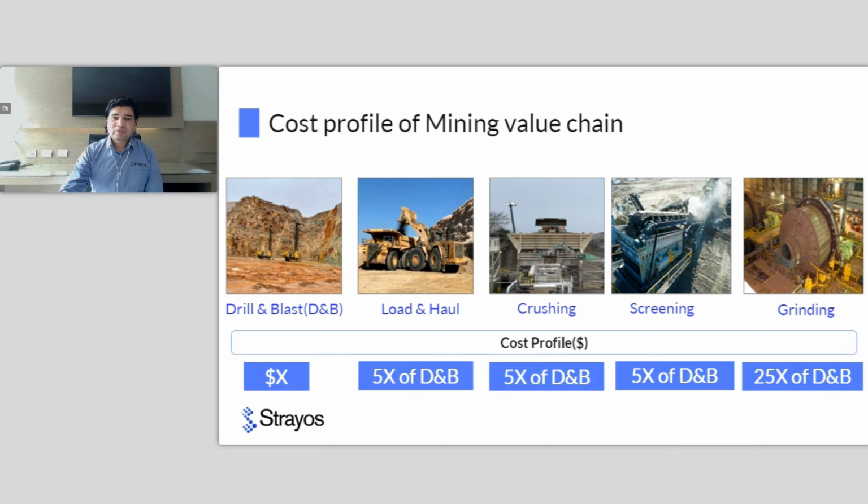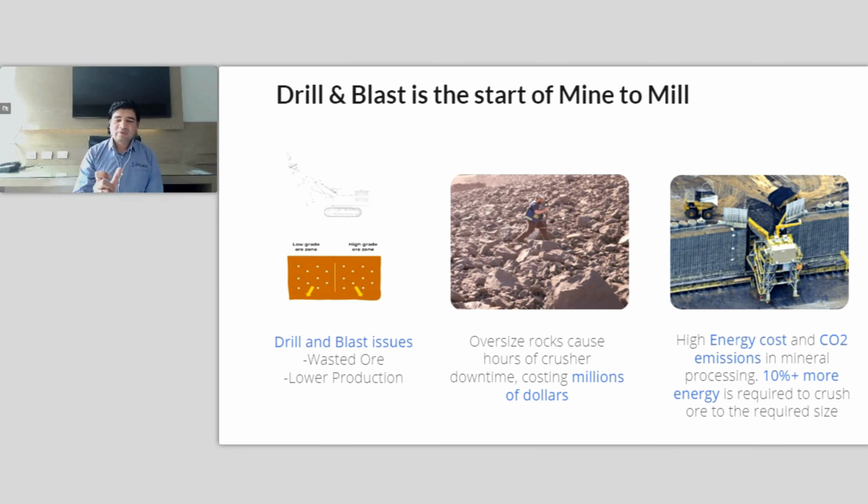And when we think about the cost profile, everything starts with the drill and blast here, which is the start of mine to mill. Drill and blast issues stem from drilling, design patterns, geology considerations, you name it. There are so many uncontrolled variables that lead to those scenarios.